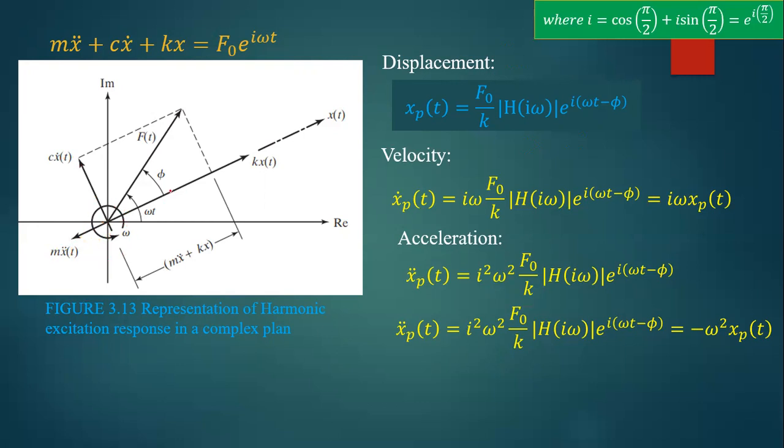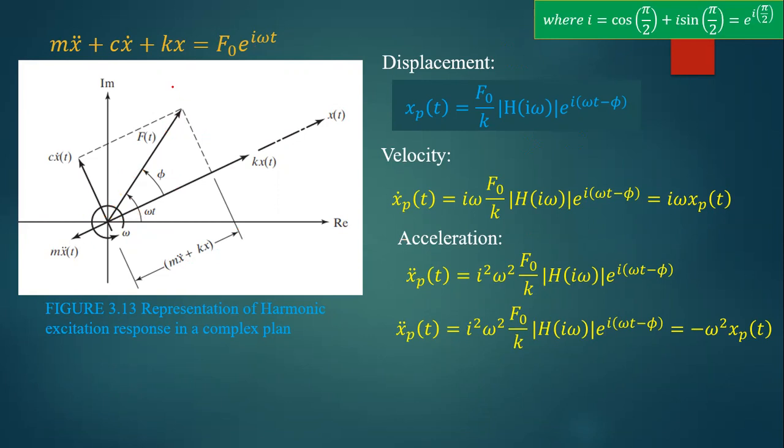And the phase difference phi is represented between the forcing function f of t with respect to x of t, which is given here as phi. And omega t is the angle from the real axis to the forcing function.